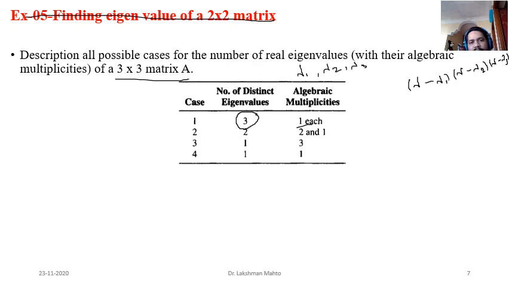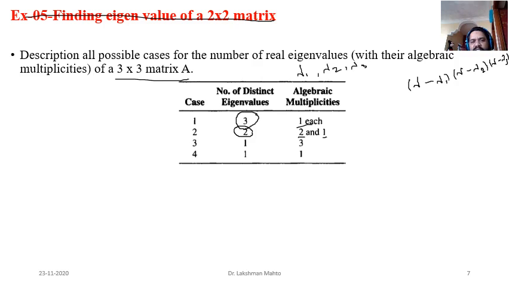Another scenario is where we can observe 2 eigenvalues. In that case, one eigenvalue has algebraic multiplicity 2, and the other eigenvalue has algebraic multiplicity 1. And one more scenario we can observe is that there is only one eigenvalue that repeats 3 times.